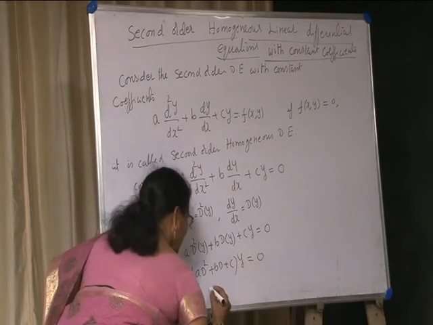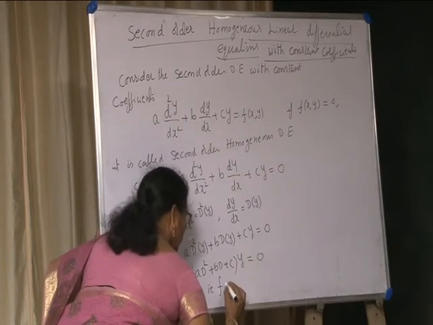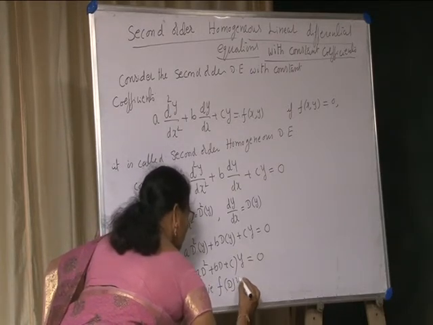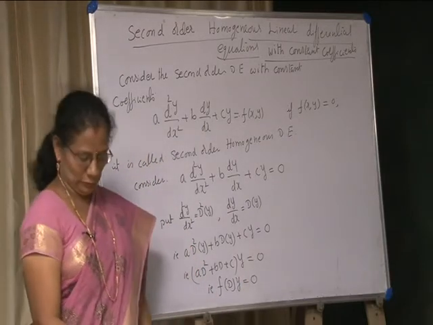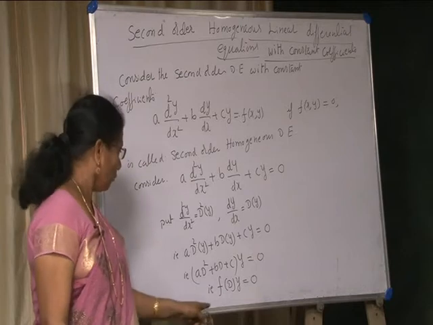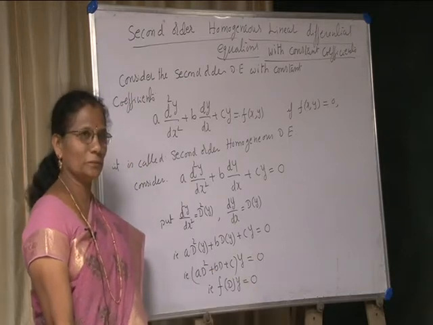That can be written as f of D of y is equal to 0.